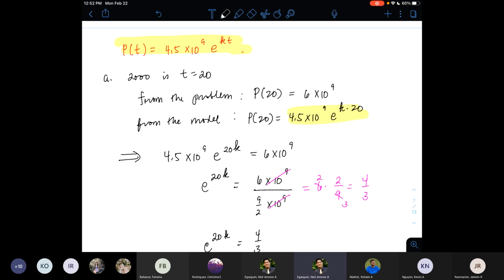Because Christina, for 22A, you were told to find the mass 200 years ago. And if you set t equals 0 to be the time today, then 200 years ago will correspond to negative 200. So for 22A, you'll be looking at P of negative 200.